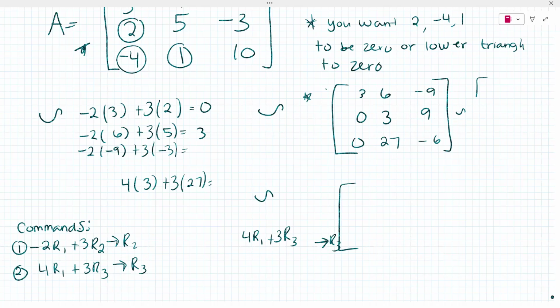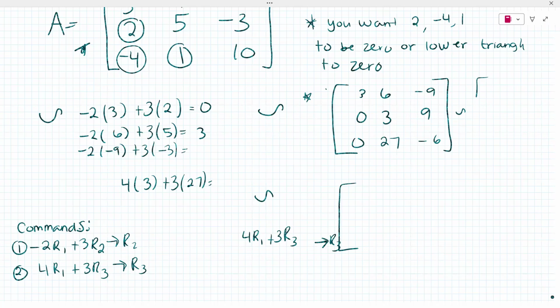Hold on, did I do this right? It's 4 times row 1 plus 3 times row 3. Oh, duh.